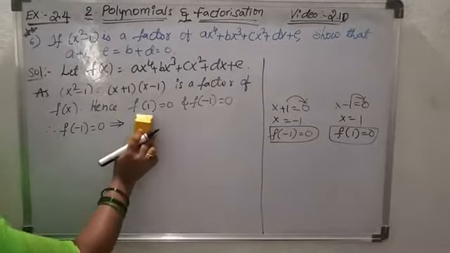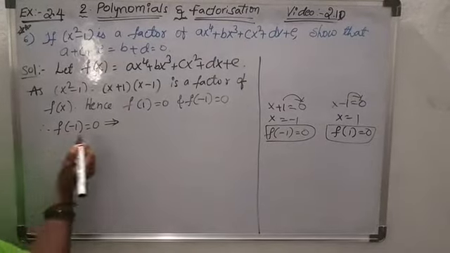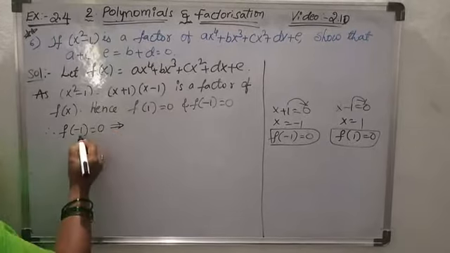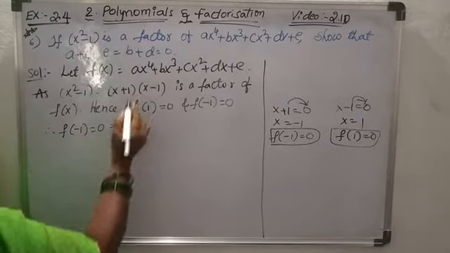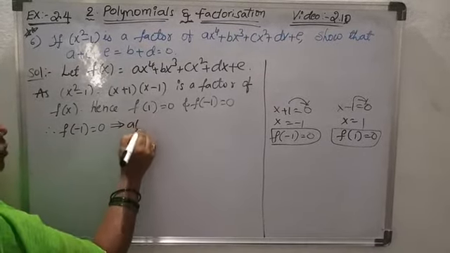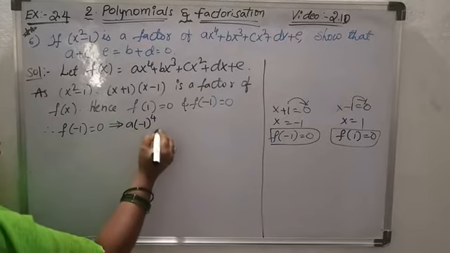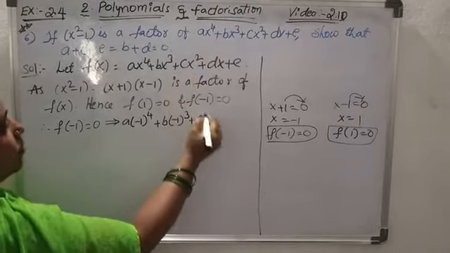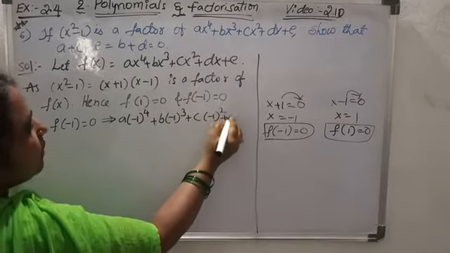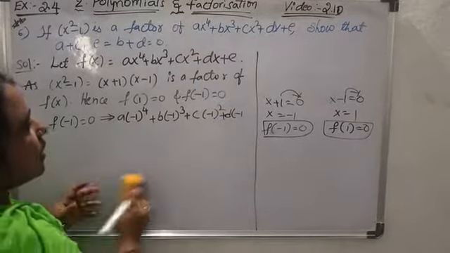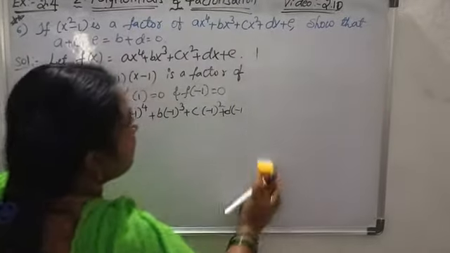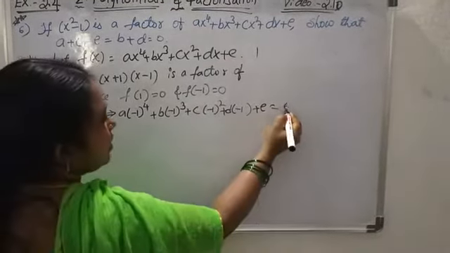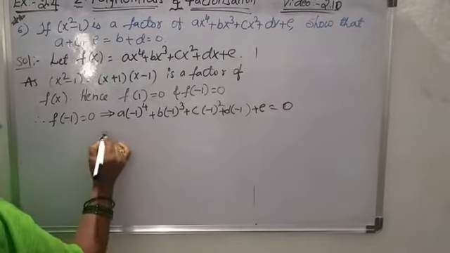So first of all, I am taking f of minus 1 is equal to 0. What is f of minus 1? We just have to substitute minus 1 in the given polynomial, that is a into (minus 1) to the power of 4, plus b into (minus 1) cube, plus c into (minus 1) square, plus d into minus 1, plus e is equal to 0, since it is already a factor.